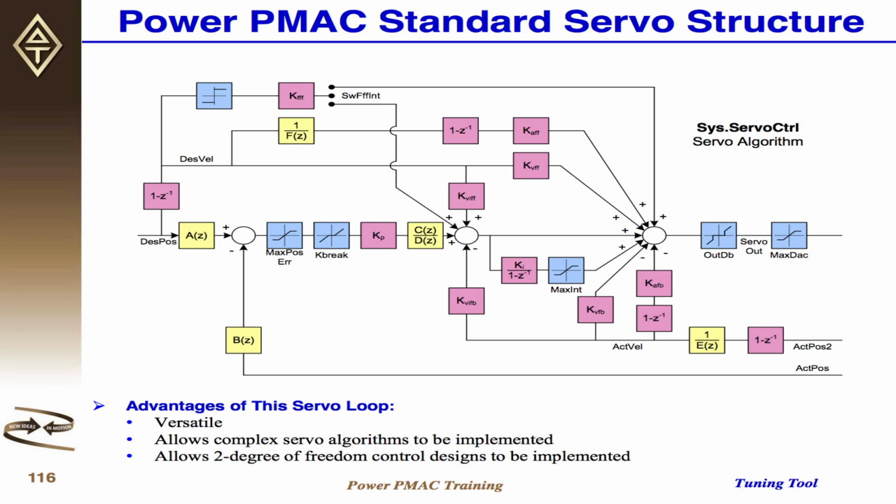And typically we almost always use our standard servo algorithm. And here's the difference between what we had with a PID. So we have again our PID terms, proportional, integral, velocity feedback.